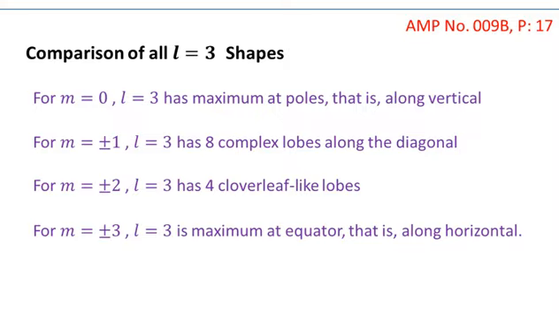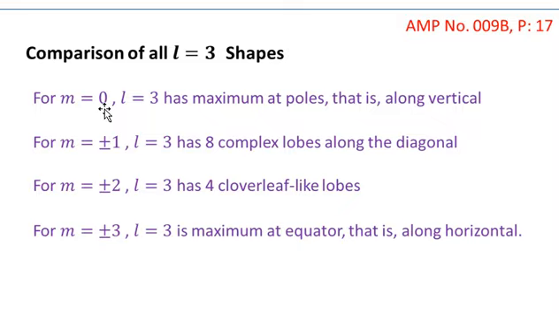So you see that in this lecture I have discussed different orbitals starting from l is equal to 0, m is equal to 0, all the way to m is equal to 3, and all the cases associated with l is equal to 3. How many cases are associated?